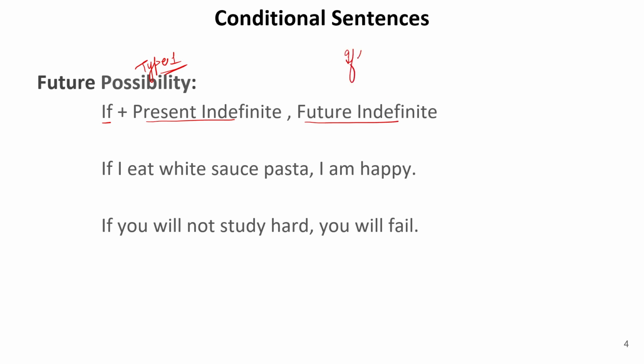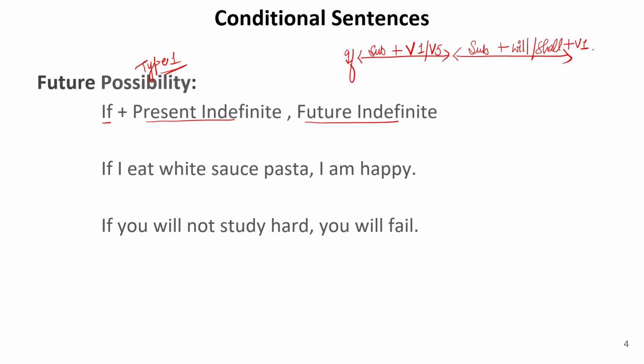The structure will be like: if, then we have subject plus verb first or verb fifth form according to the subject. Then in the remaining clause we have subject plus will or shall plus verb first form, because modals are always followed by the base form of verb.